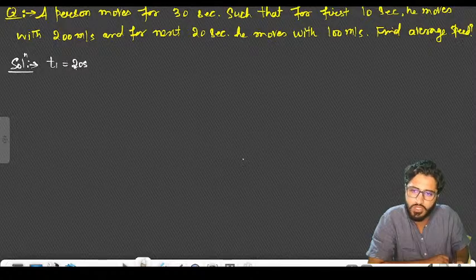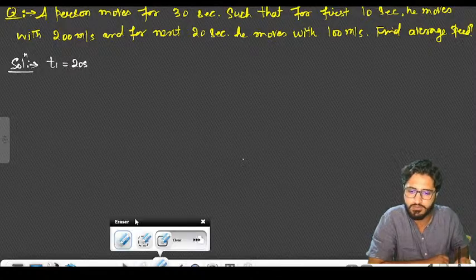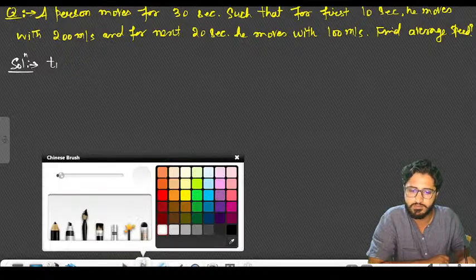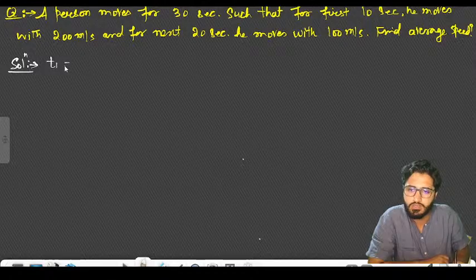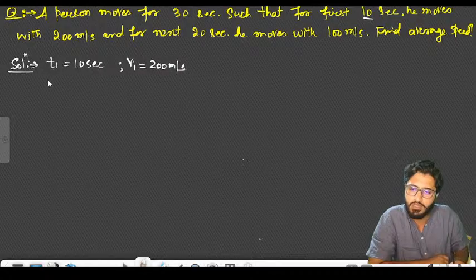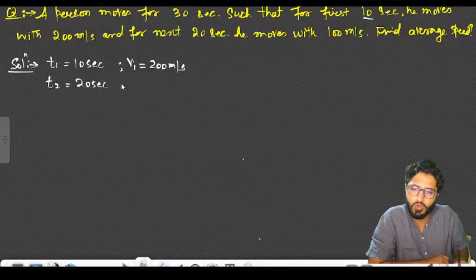For 10 seconds, he moves with 200 meters per second. t2 is 20 seconds, and for those 20 seconds, v2 is given as 100 meters per second.